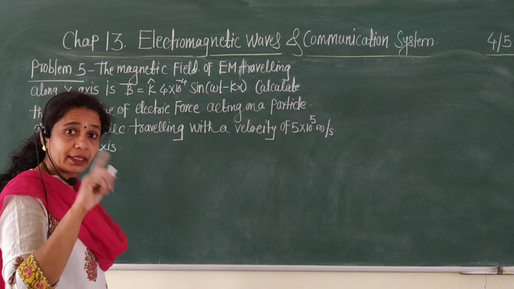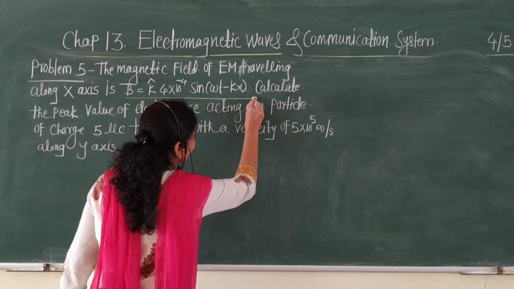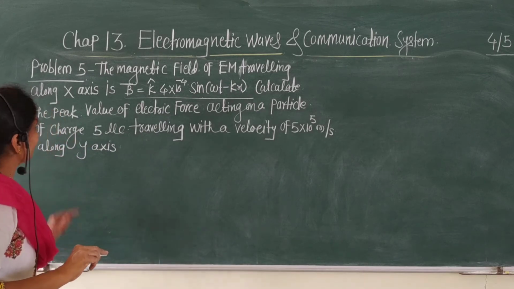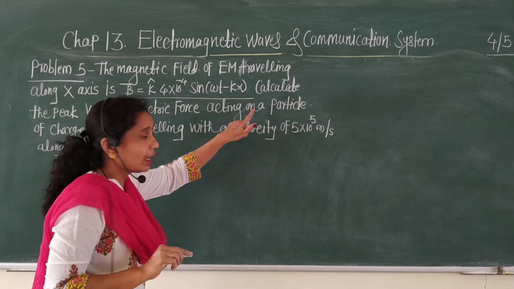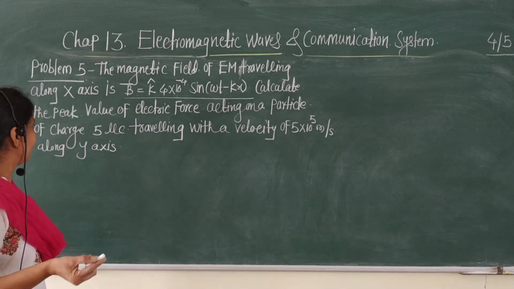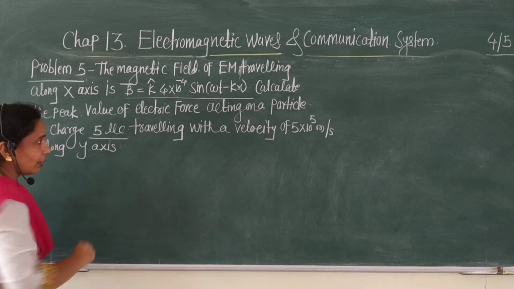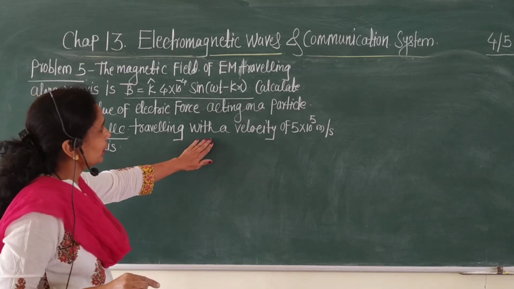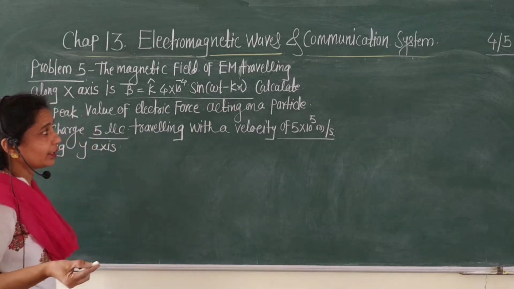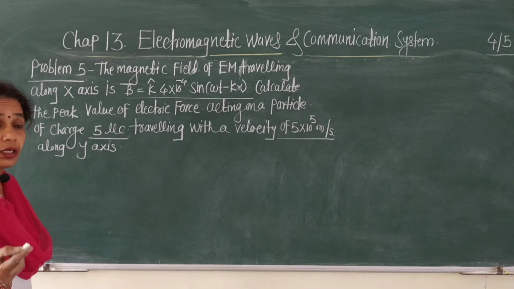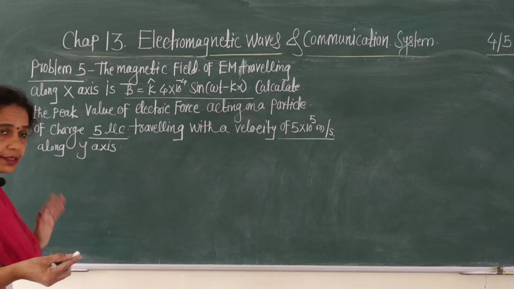Here the magnetic field is given in terms of an equation. Then calculate the peak value of electric force acting on a particle of charge 5 microcoulomb traveling with a velocity of 5 into 10 raised to 5 meter per second along the y-axis.